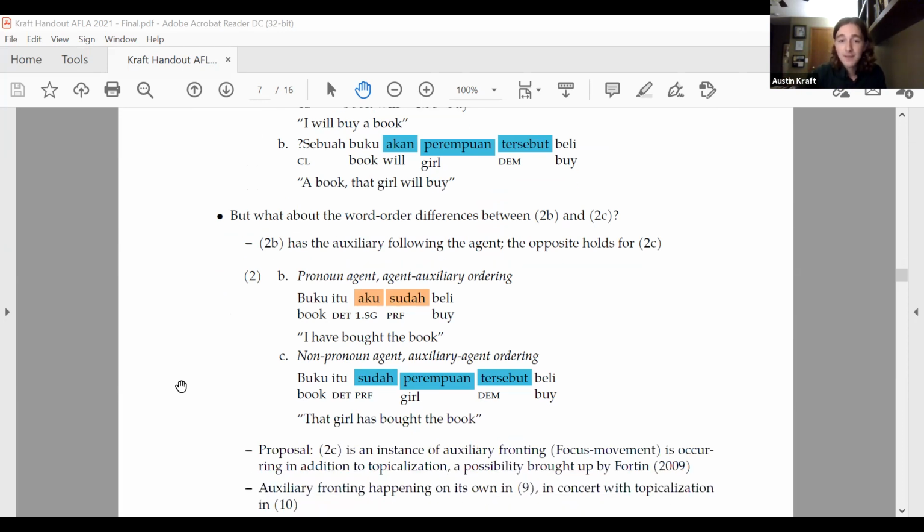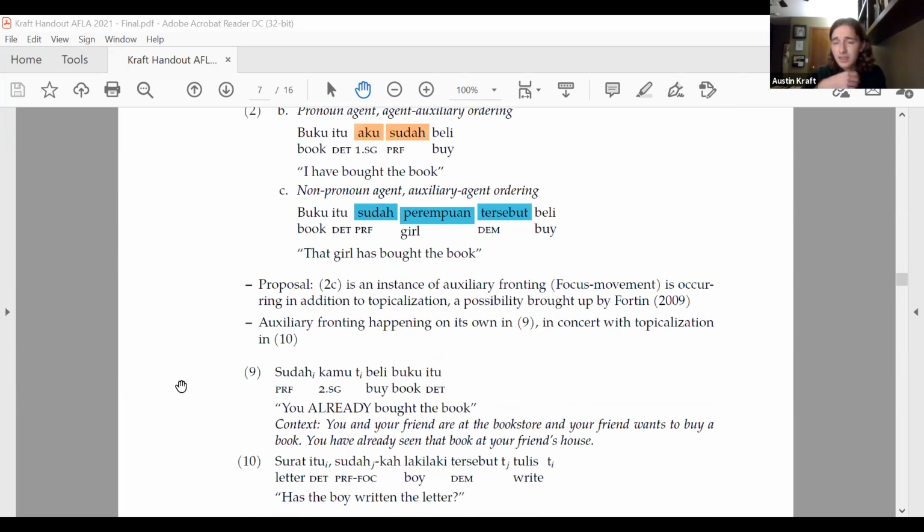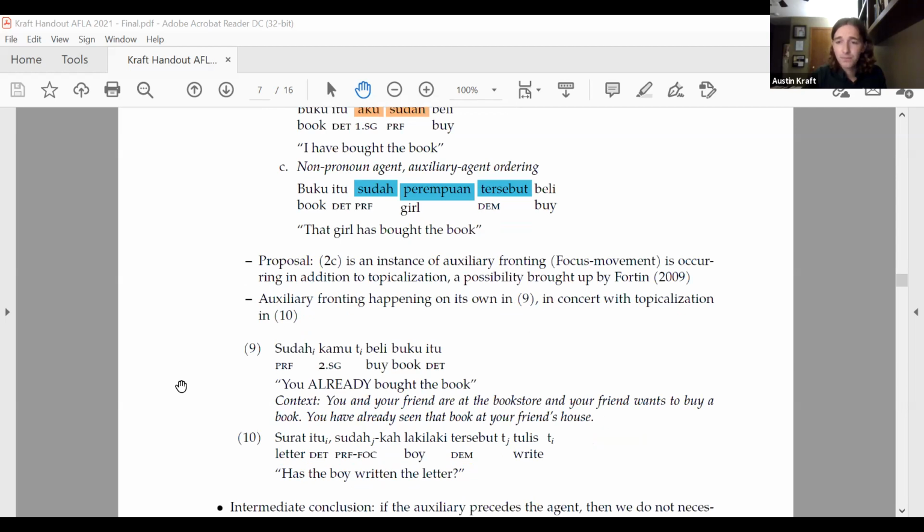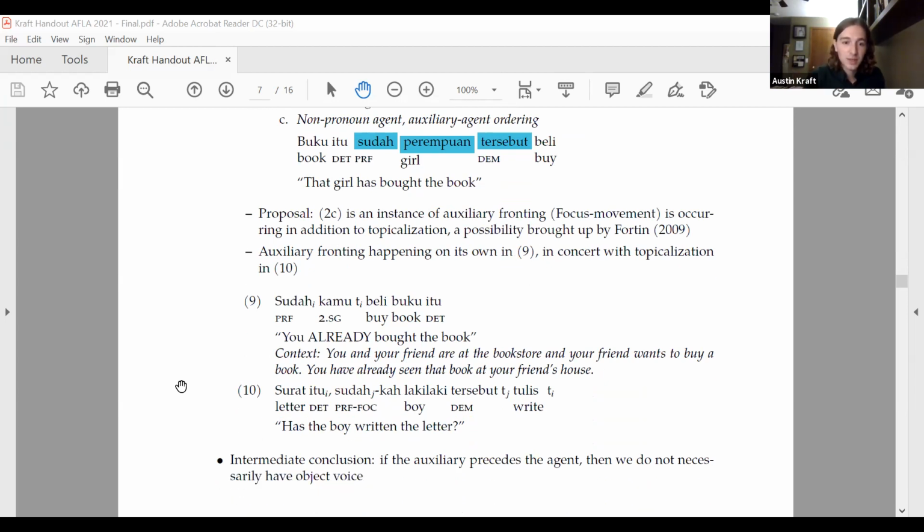So my proposal is that a sentence like 2C is an instance of auxiliary fronting as focus movement occurring in addition to topicalization, a possibility that's previously been brought up in the literature. And these sentences in 9 and 10 show how focus movement on its own, as in 9, as well as focus movement in tandem with topicalization can occur, as in 10 here, actually using an overt focus marker for the purpose of being explicit with this sort of illustration that it is a possibility.